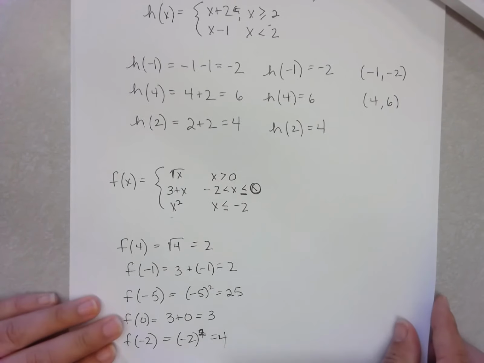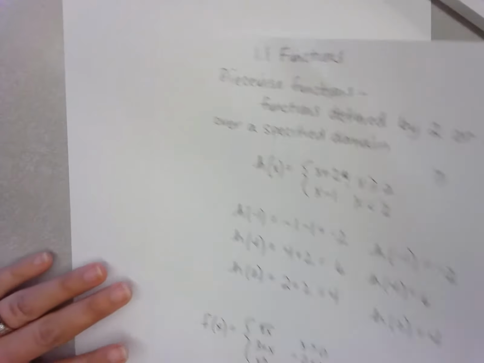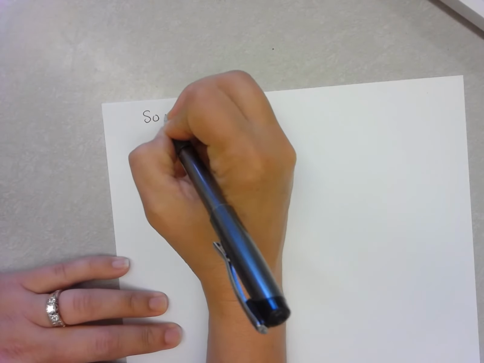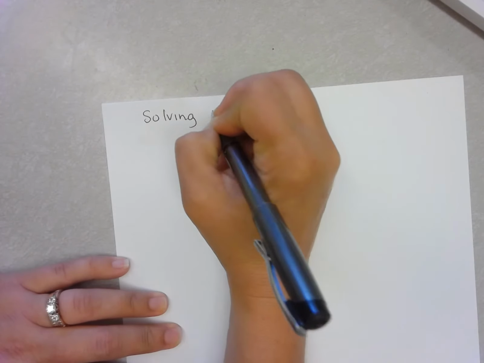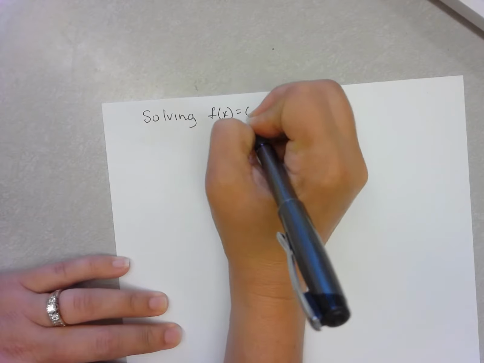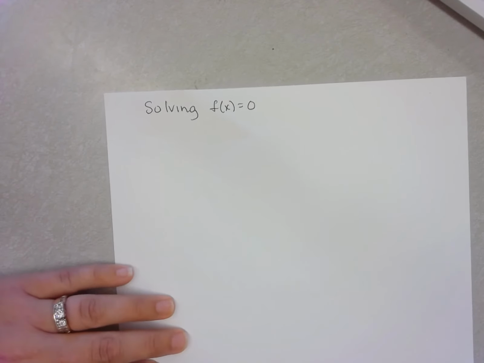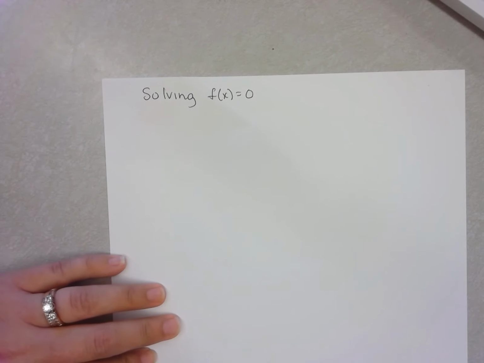Okay. So the next topic that we're going to talk about is solving. This is kind of a notation issue that I just want to talk about. So f of x equals 0. We're going to see this a lot later on. We're going to talk more in detail about this when we get into the next couple of sections.